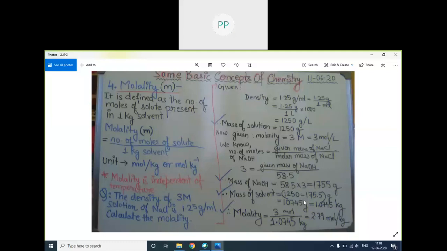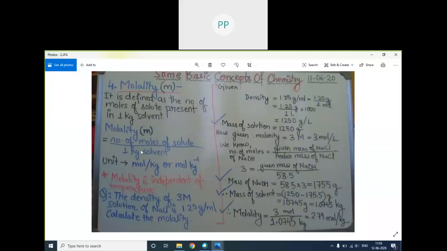So if we subtract that, it will come 1.0745 kg. So we got the mass of solvent in kg. After getting the mass of solvent in kg, we can easily put it here as the mass of solvent.